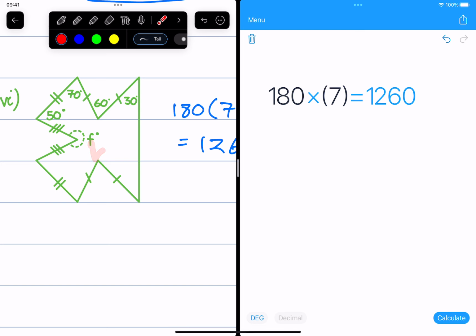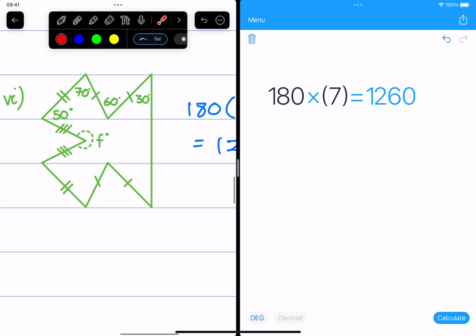on the bottom. Meaning, if this is 50, this must also be 50. If this is 70, this one must also be 70, and so on. And one final thing to look out for is that this 60 degrees is on the outside of the shape, which means this on the inside is what we're looking for. All right, so let's calculate this.